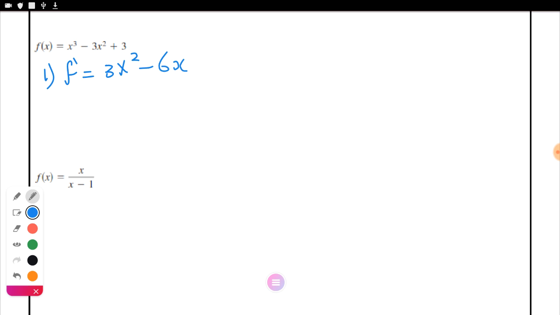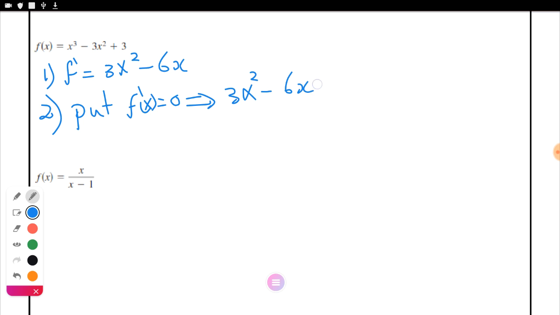The second step, I have to find the values of x at which the first derivative equals 0. Set f prime of x equal to 0, which implies 3x squared minus 6x equals 0.